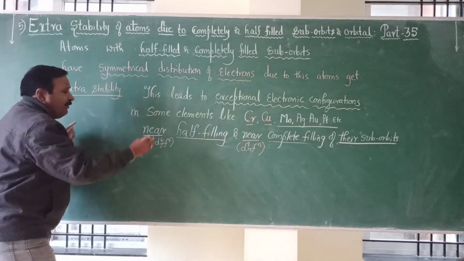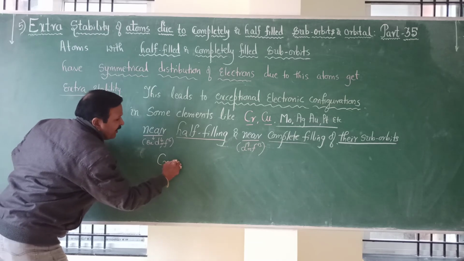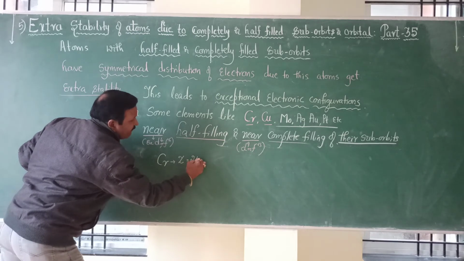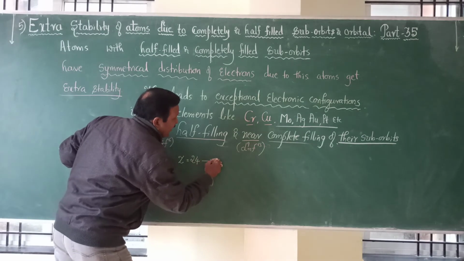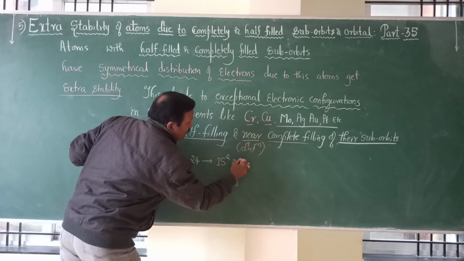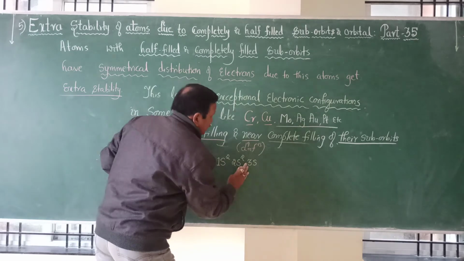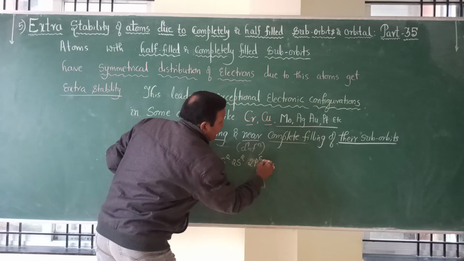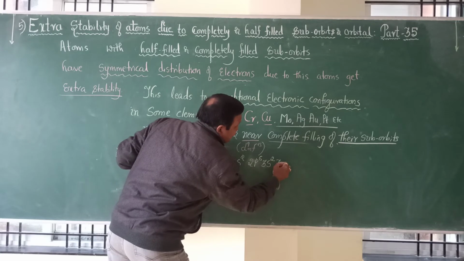I will give you just one example. Take chromium, atomic number Z is equal to 24. The electronic configuration according to the Aufbau principle will be 1s2, 2s2, 2p6, 3s2, 3p6.